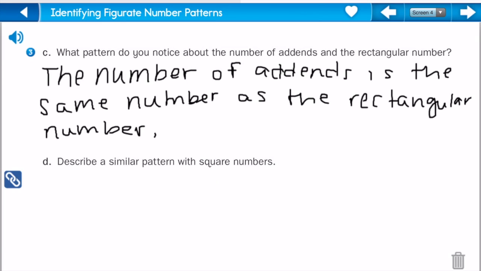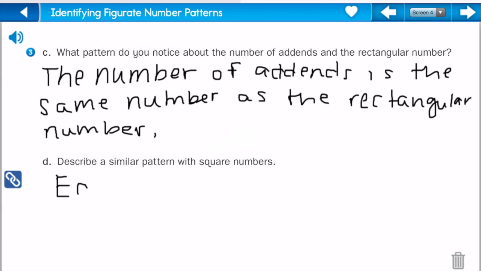So what would be a similar pattern with square numbers? A similar pattern as we did with the even numbers. So what we could do is we could do the same thing with square numbers, because we could use odd numbers, because each square number is a sum of odd numbers.